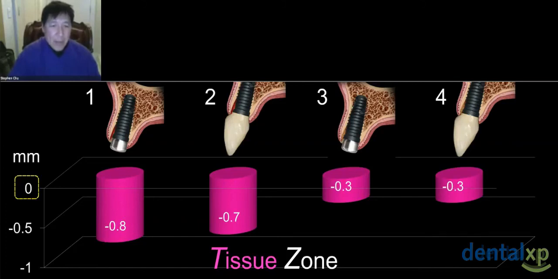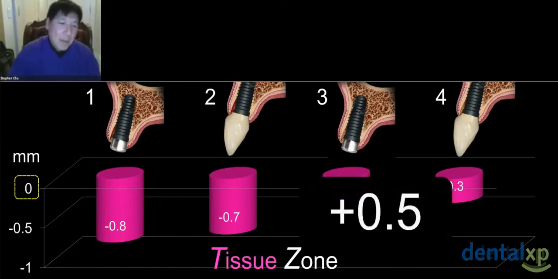Now, a half a millimeter of gain doesn't seem like a lot, but when we talked about buccal plate thickness and peri-implant soft tissue thickness over the premaxilla, these numbers of a half a millimeter keep coming up. That seems to be the range of the thickness.